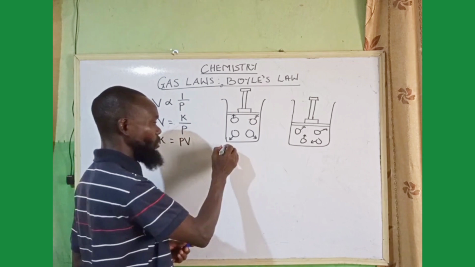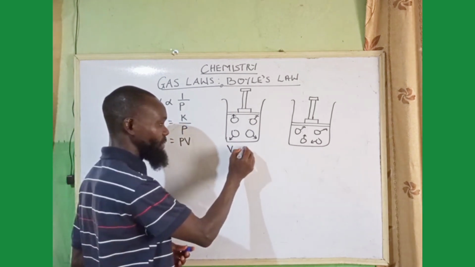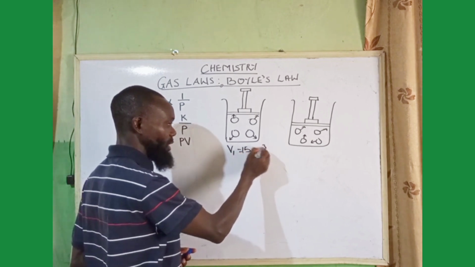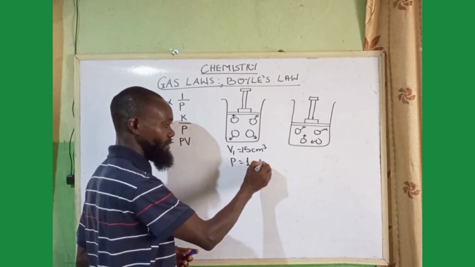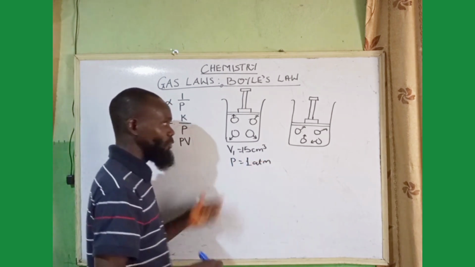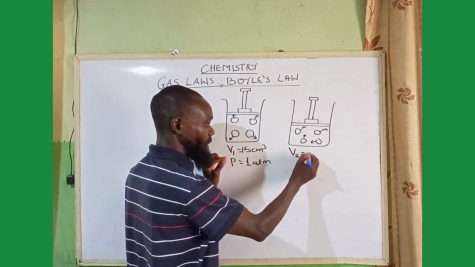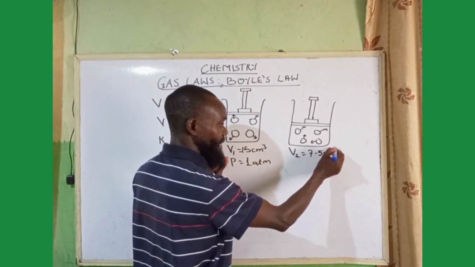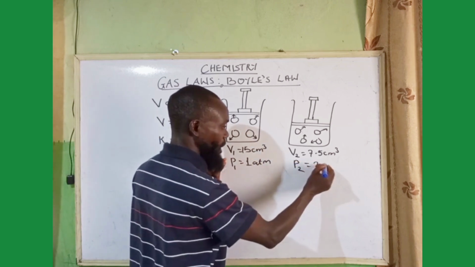Here, our volume, let's say V1, equals 15 centimeter cube when our pressure P1 is 1 atmosphere. At this point, when the piston is pushed down, the volume is reduced to V2, which is 7.5 centimeter cube, while our P2 equals 2 atmosphere.